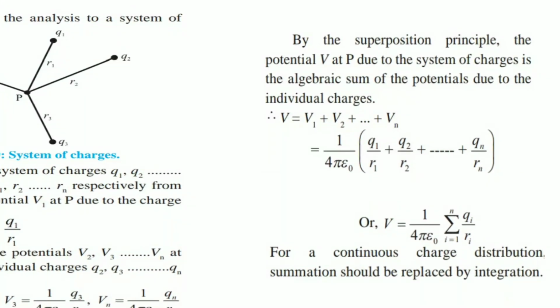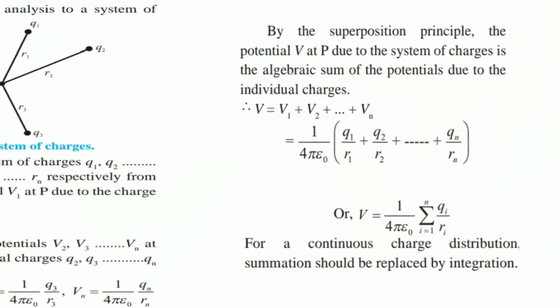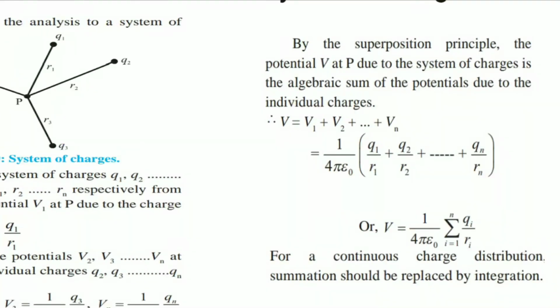Then you know that 1 upon 4 pi epsilon naught will be common. Then inside the bracket the equation is Q1 divided by R1 plus Q2 divided by R2 plus Q3 divided by R3 up to Qn divided by Rn.